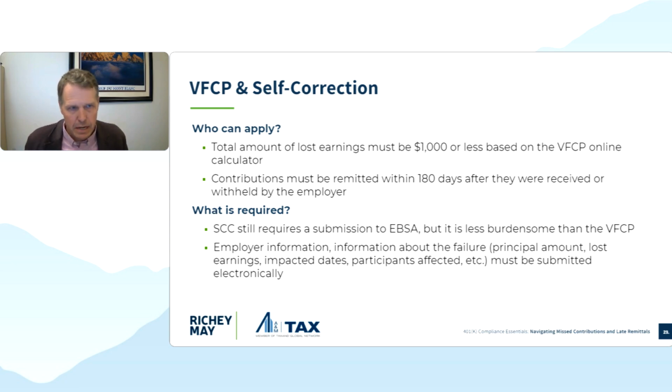VFCP was the standard program to do the correction, and that was generally a submission to the DOL, correcting lost earnings. The new self-correction component is a slightly less burdensome approach, but there are requirements. The lost earnings must be less than $1,000, and the contributions must be made within 180 days. It still requires a submission to EBSA, but with less documentation behind it.